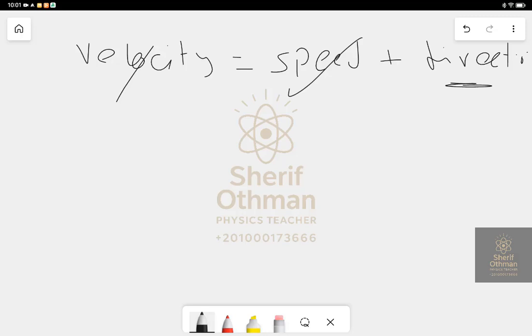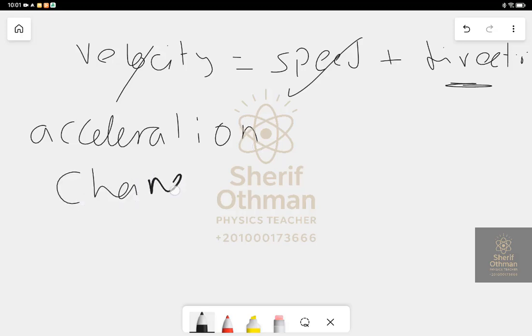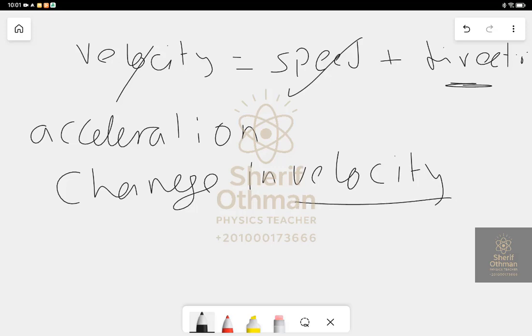We can define acceleration as the change in velocity. Velocity, as we said, has two terms: one of them is speed and the other one is direction.